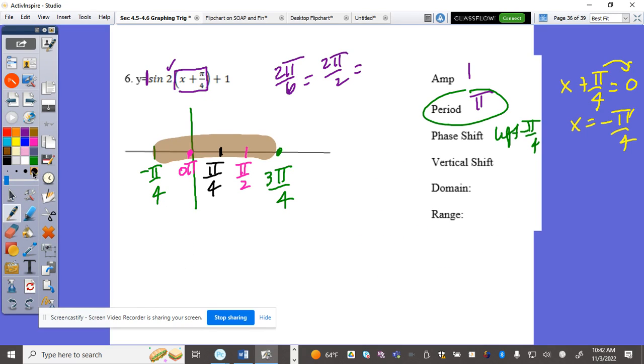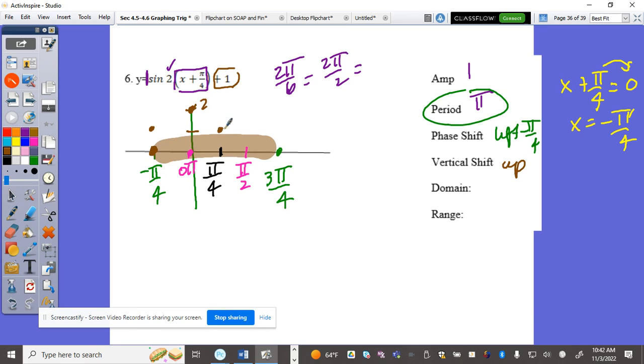And we all know that the sine does start at the origin. So it's supposed to start here in this brown point here. But hold on, there's a vertical shift of 1 here, up 1. So that means you're going to start at 1. Okay. Start at 1 there. And then you're going to go to the 2 here now.